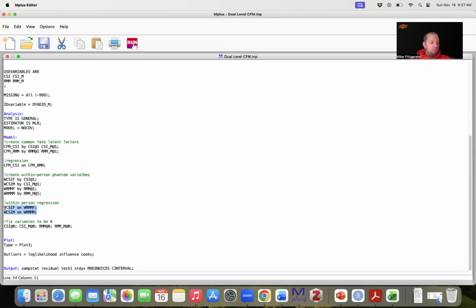And then now we just use regression. We're going to use within CSI female being predicted by within relationship mindfulness female, and within relationship quality for males being predicted by within relationship mindfulness for males. Back on the diagram, these are gamma 2 and gamma 3.